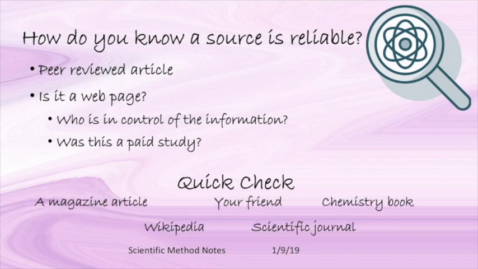So which of the following would be a reliable source of information? Your chemistry textbook or a scientific journal.